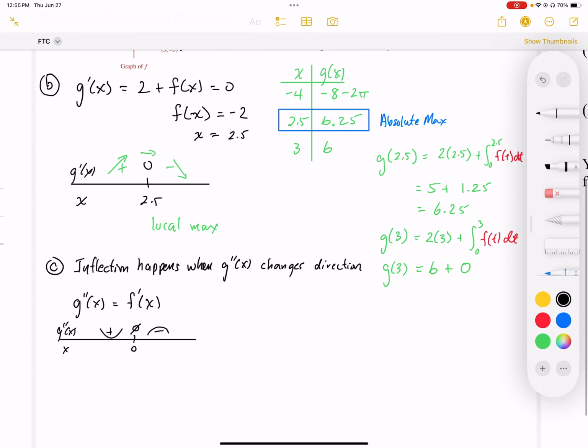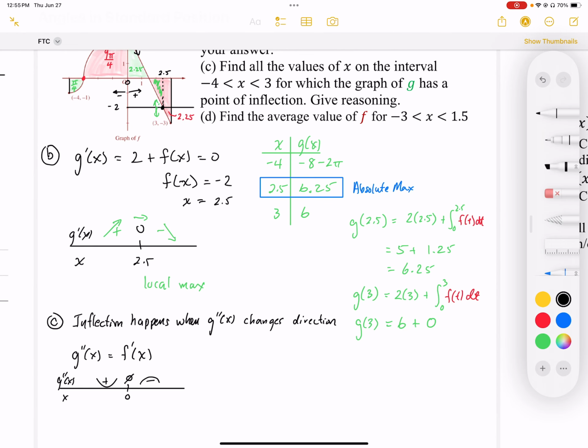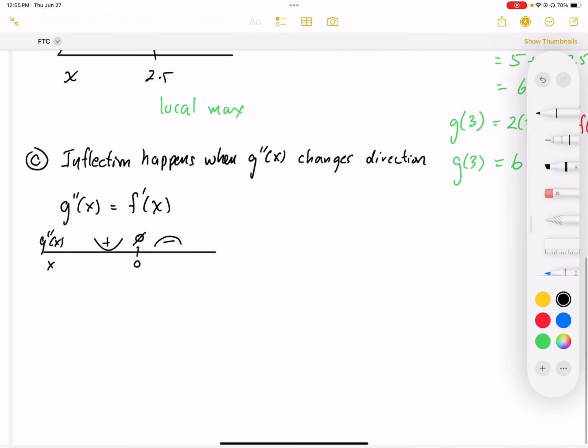So when we have a change of direction on the slope graph, that indicates going from a second derivative of positive to negative or negative to positive. That represents a point of inflection. So inflection occurs at x equals 0.